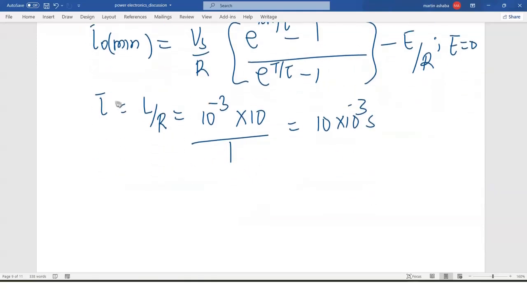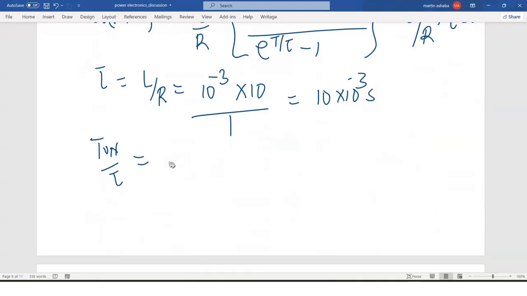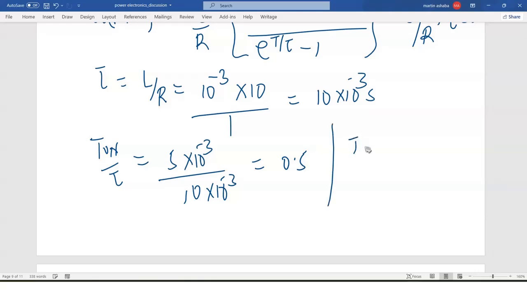Now let's look for these ratios, T on divided by tau. T on is given as 5 milliseconds, so this is 5 times 10 power negative 3 divided by 10 times 10 power negative 3. This is 0.5.